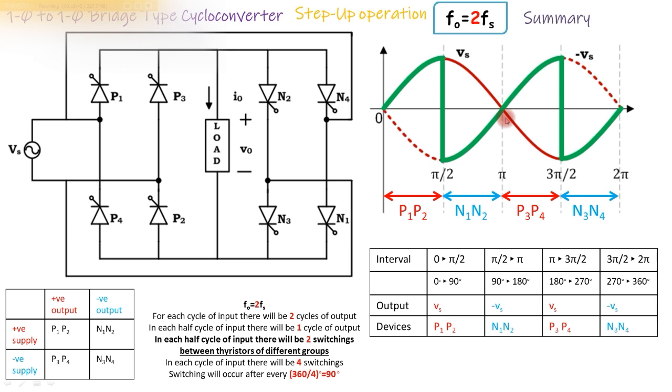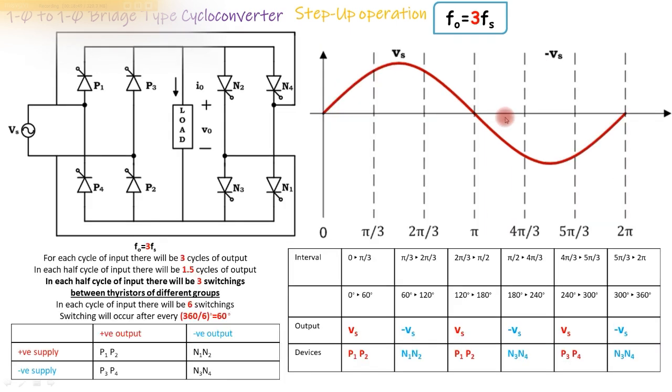Now let us take an example of another operation of the step-up cycloconverter, where the output frequency is 3 times the supply frequency. Since the output frequency is 3 times the supply frequency, there will be 3 switchings in each half cycle of input and 6 switchings in total.